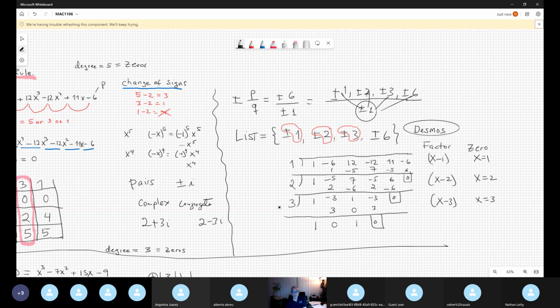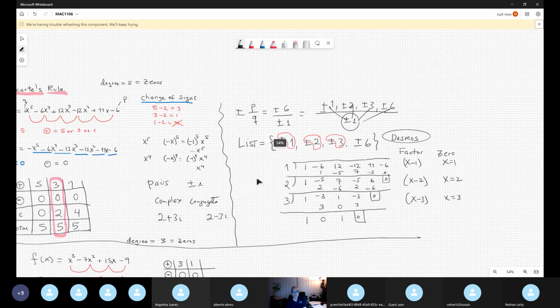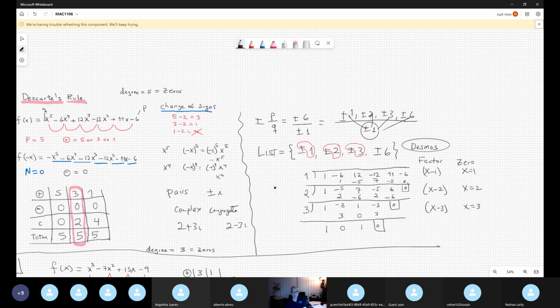Okay, so now I copy my crazy polynomial, which is x to the 5th power minus 6x to the 4th power plus 12x to the cubic power minus 12x to the 2nd power plus 11x minus 6.